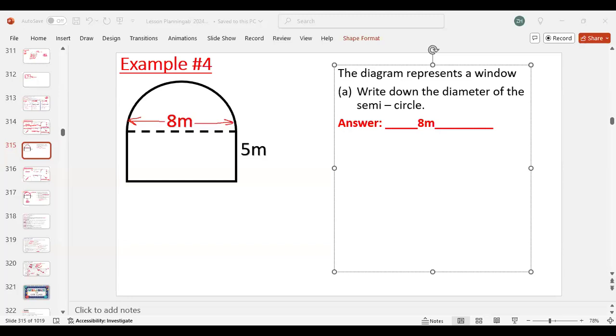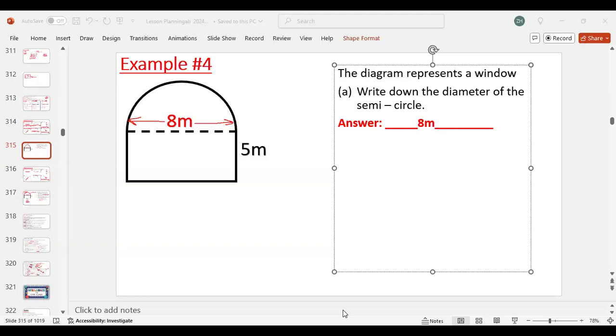Okay, so we know that the diameter is 8 meters, right? And so that's the first part. The next thing they want us to figure out: okay, you know what the diameter is, let's see what else you know.